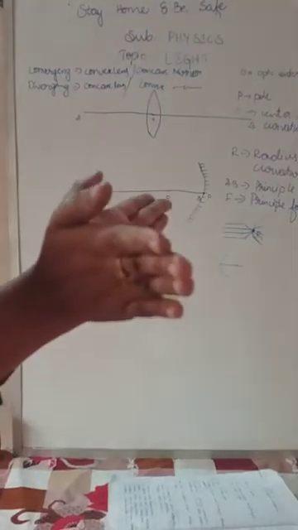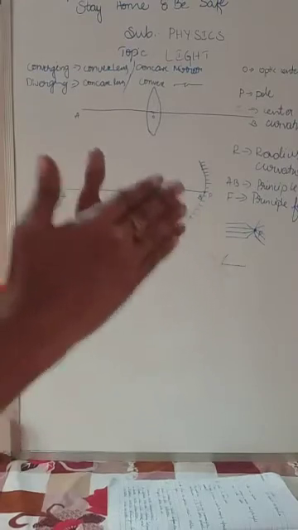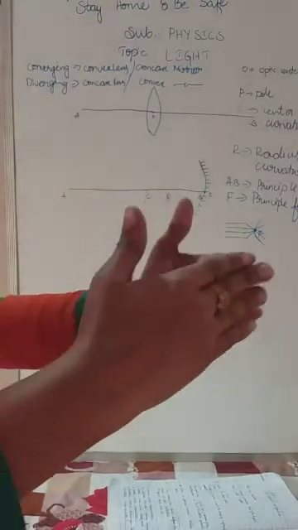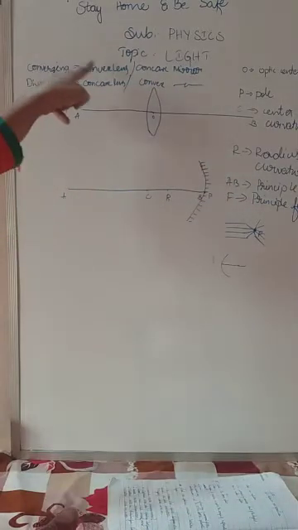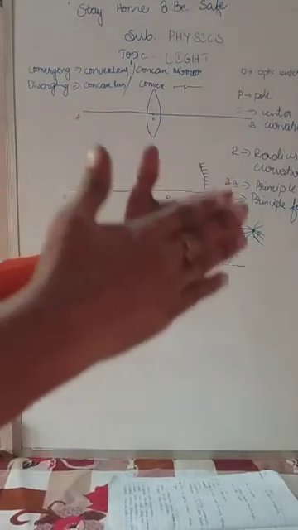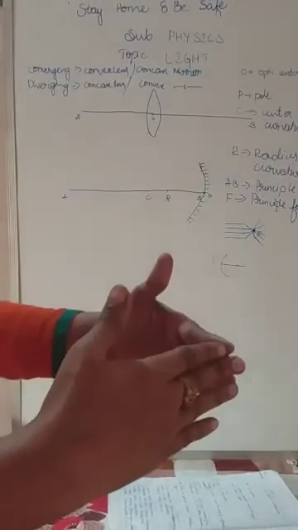Diverging means splitting up. Clear? So the point at which the light rays converge is called the principal focus of a converging lens, and the point at which the light rays converge is called the principal focus of a concave mirror. Keep that in mind.